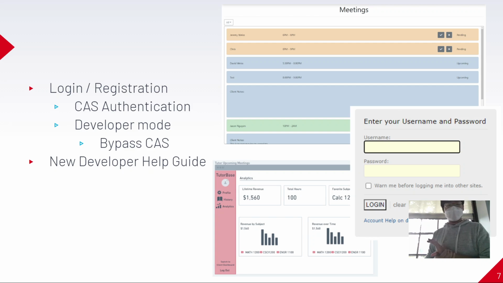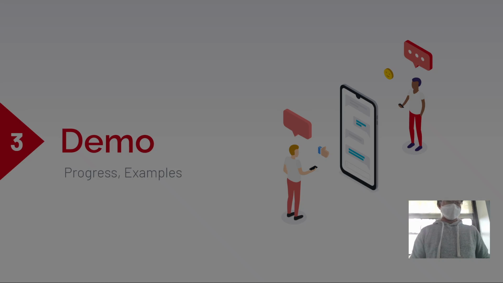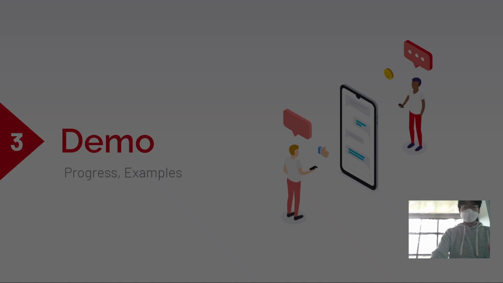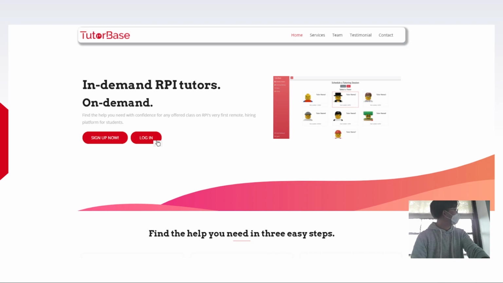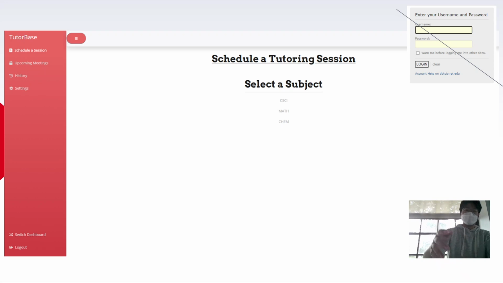And I also created a new developer help guide that is not yet on GitHub, but I will post it there soon. So the demo, this is just an example of what I did. When you press login, normally you would be redirected to CAS to log in, but instead, if you have a developer code, you don't have to enter CAS and you can just go directly to the website.